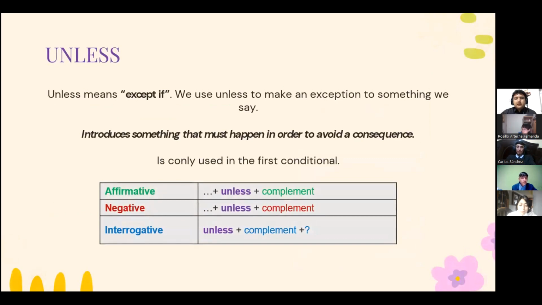The next is unless. Unless means except if. We use unless to make an exception to something we say. It introduces something that must happen in order to avoid a consequence. It's only used in the first conditional. The structure is, in affirmative, complement plus unless plus complement, negative, complement plus unless plus complement, and interrogative, unless plus complement plus question mark.